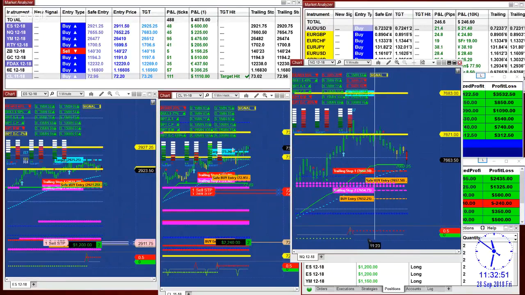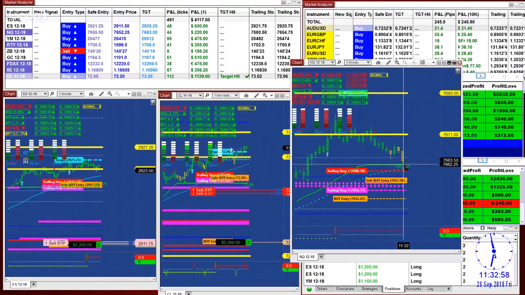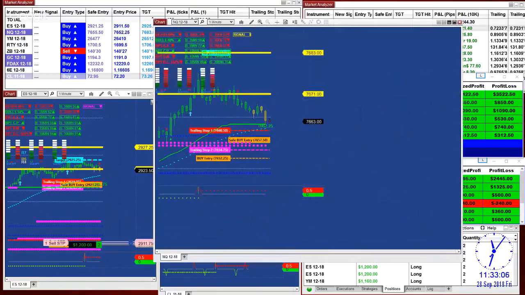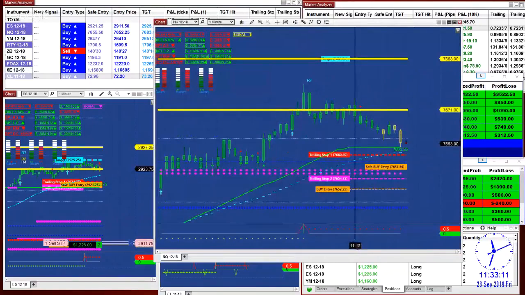Watch this one here. This is where the pullback re-entry point on the NASDAQ is, right there. Look at this. Look at this. Look where this NASDAQ stopped.